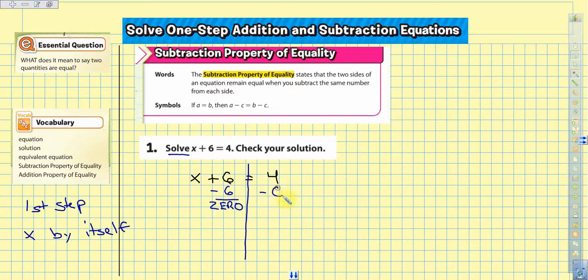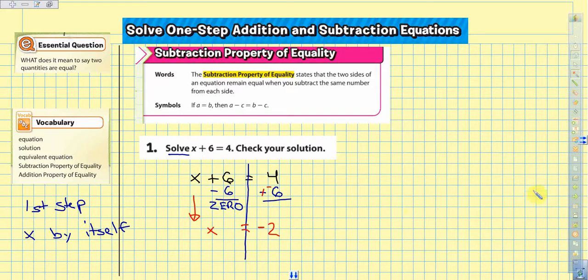I subtract 6 on this side, I'm not going to get 0. Add the opposite here to make it a little bit easier to see this. Add the opposite. I am going to get a negative 2. So in this, I bring down the x, and I get x is equal to a negative 2.